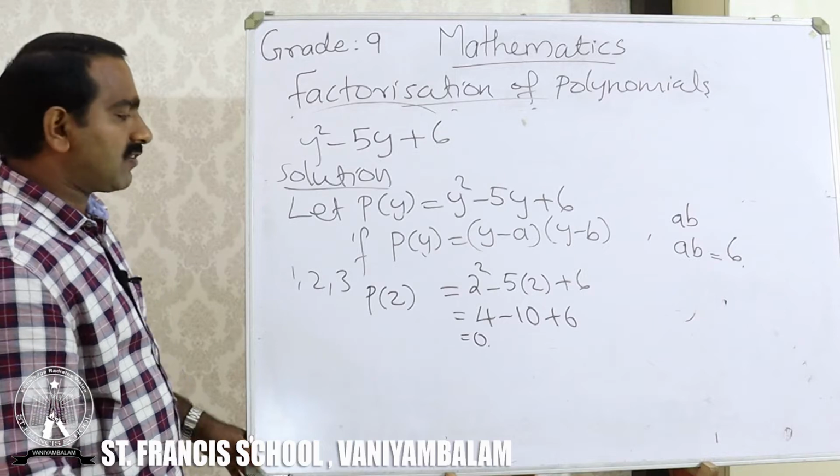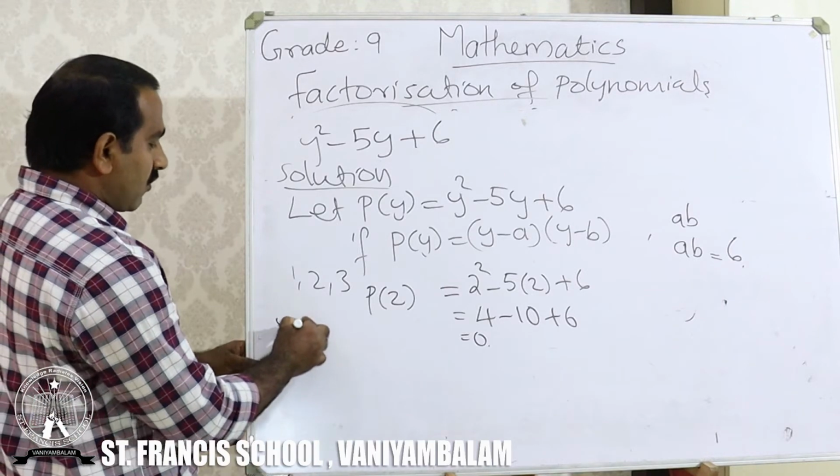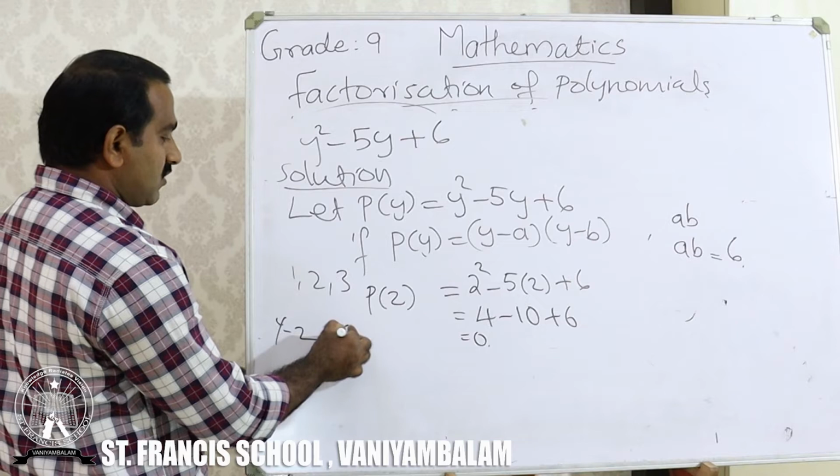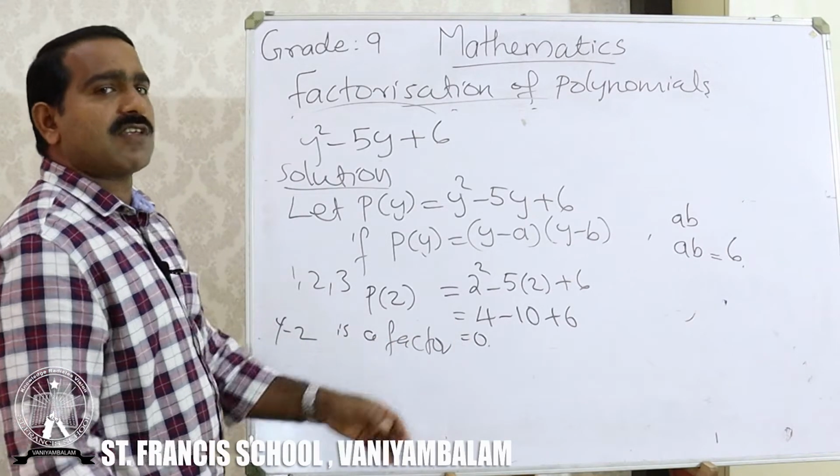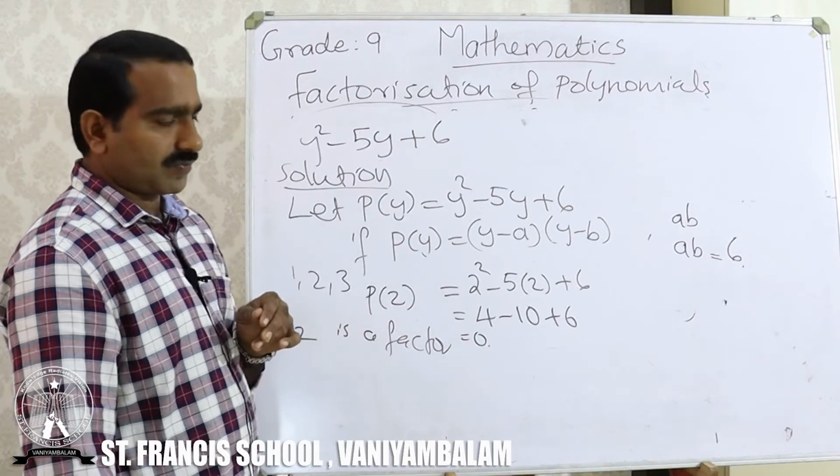We got p of 2 equal to 0. So y minus 2 is a factor of p of y.